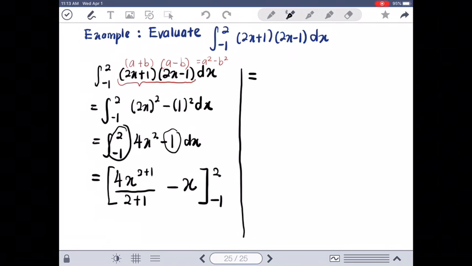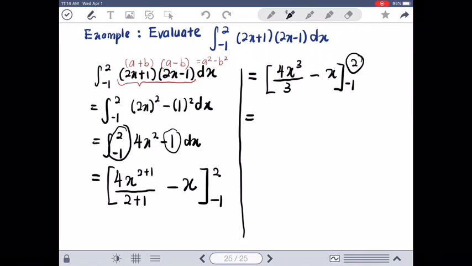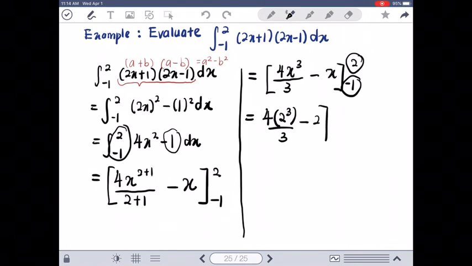and continue. Becomes, simplify the equation in the bracket, we will get 4x to the power of 3 over 3 minus x from -1 to 2, then substitute above minus bottom, we should get 4 to the power of 3 over 3 minus 2.